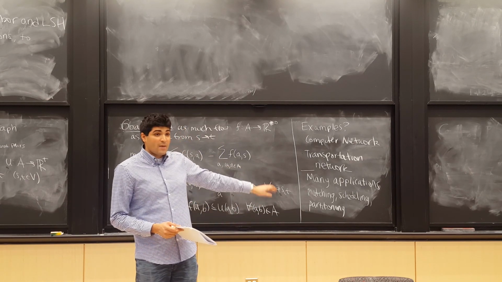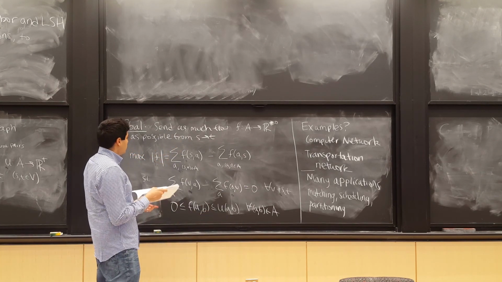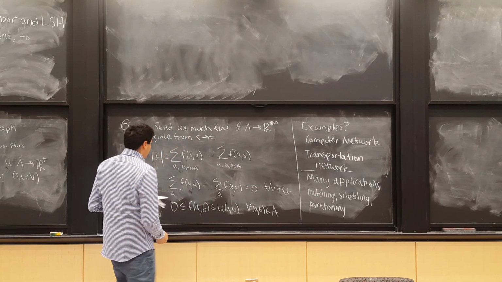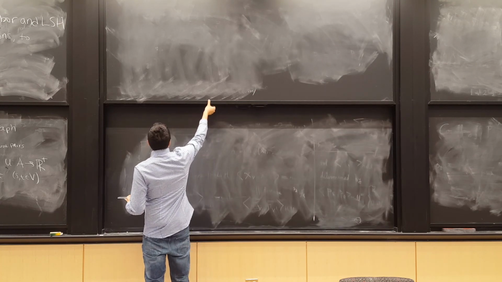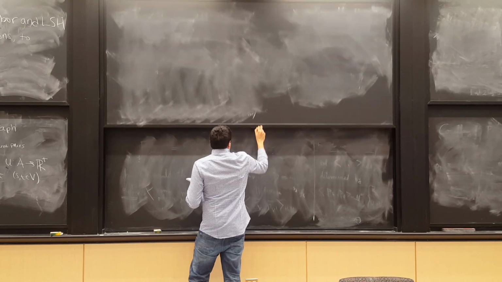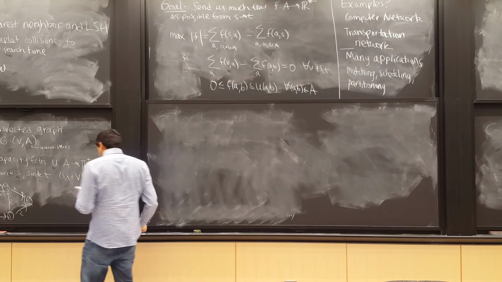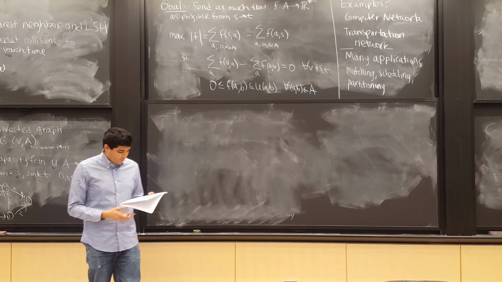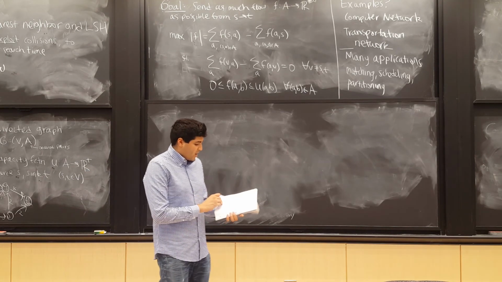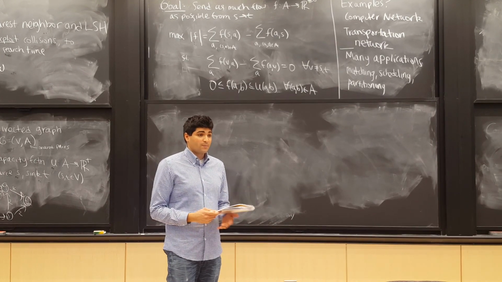So we're going to see some of these applications later, but now I want to talk about some first steps in understanding max flow. Now we're going to do this slightly differently than maybe some of you have seen. The first tool that we're actually going to introduce for reasoning about flow is something called the flow decomposition.